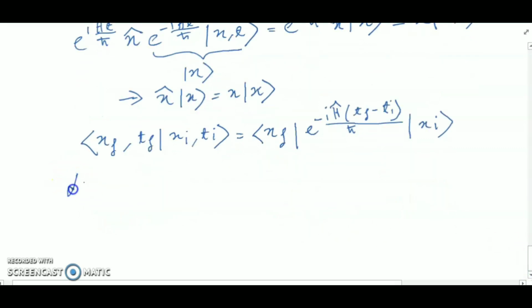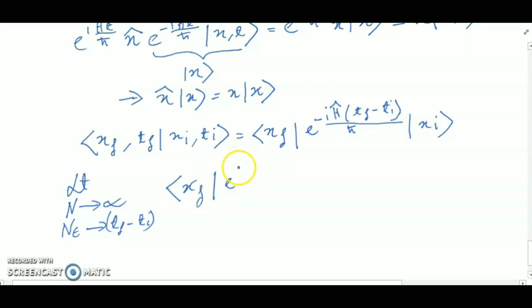So I can write the limit n tends to infinity, and n epsilon tends to tf minus ti, xf, e to the power minus i h hat n epsilon divided by h bar, xi.